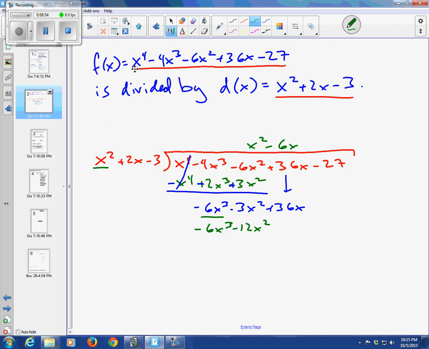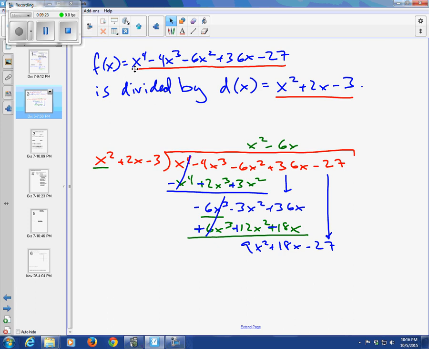And next, when we multiply negative 6x by a negative 3, we get a plus 18x. Now again, we're going to distribute the negative through to give us additive inverses. So that's going to be a plus 6x cubed, plus 12x squared, and a minus 18x. Lead terms cancel out, just like we planned. And right here we get 9x squared, and this is going to be plus 18x. And then we drop down our last term, which is a minus 27.